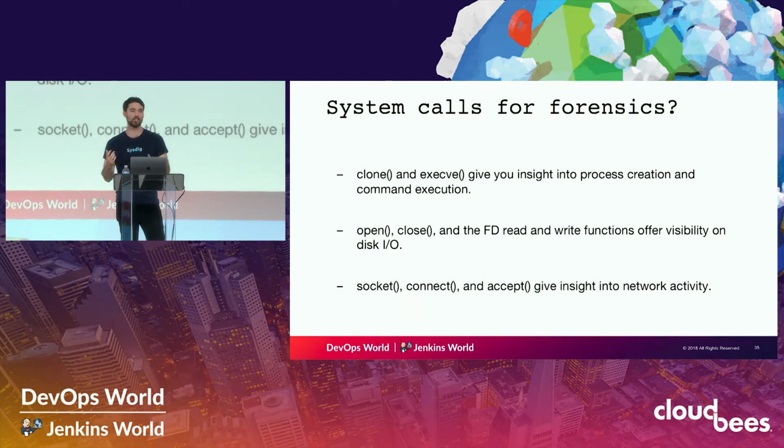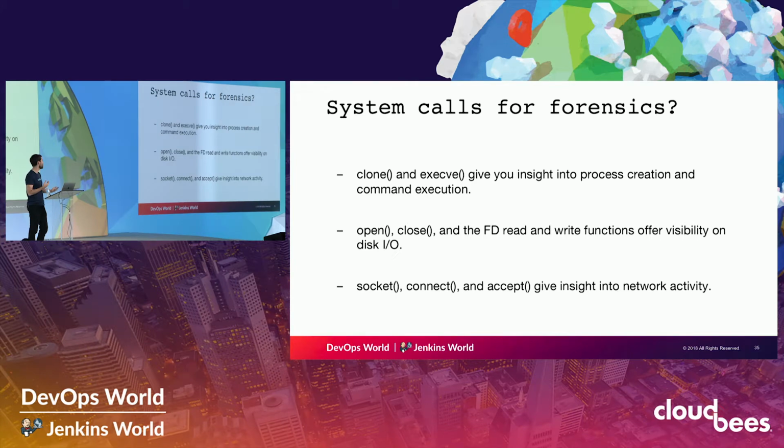And one of the things that you hear a lot is that system calls, no one understands them, it's way too deep. But there's a lot of stuff that gives you really deep insight into what's actually happening in your infrastructure. So clone will give you insight into process creation. We've seen users go in and just send in an event for every execve command, so you can see everything a user's doing.